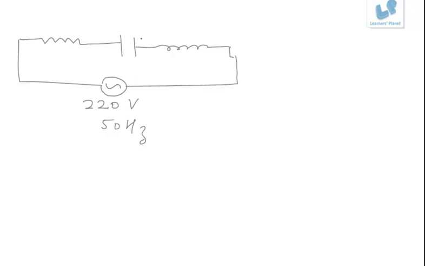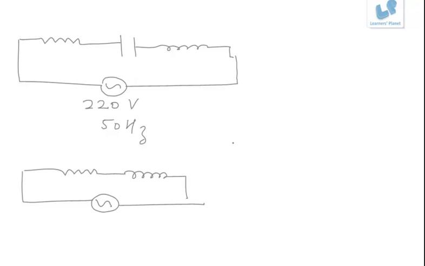Now in the first case, when we take the capacitor out, we have only L and R. Okay, and in this case it is given that the voltage is leading the current by an angle of 30 degree. So if you make the impedance triangle, we will get XL and R with this angle as 30 degree.